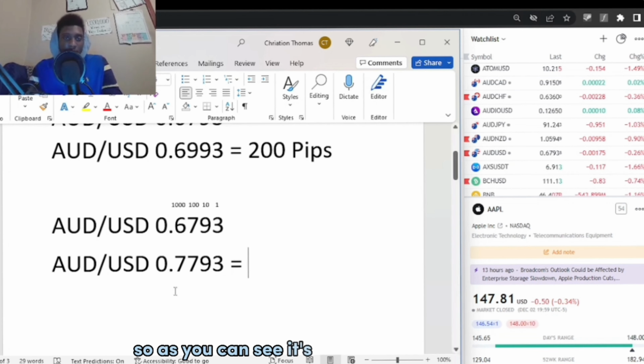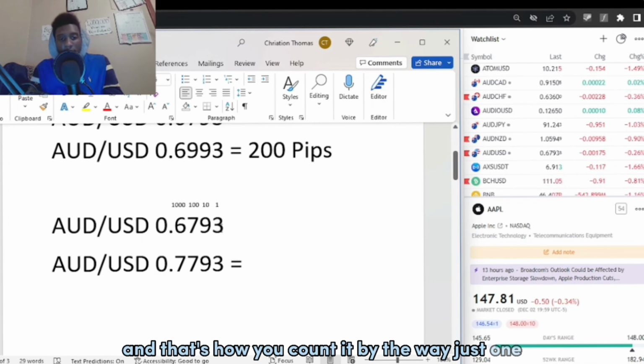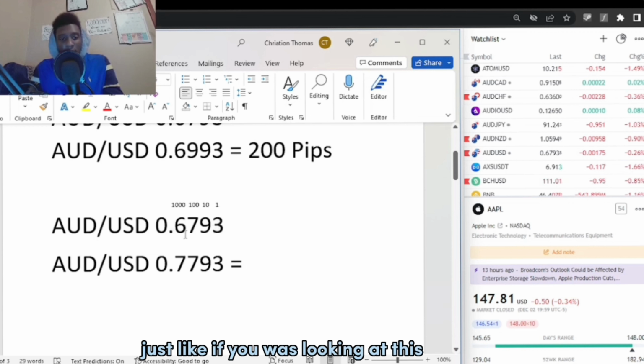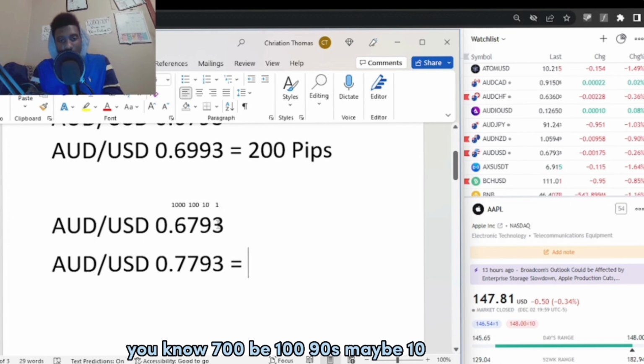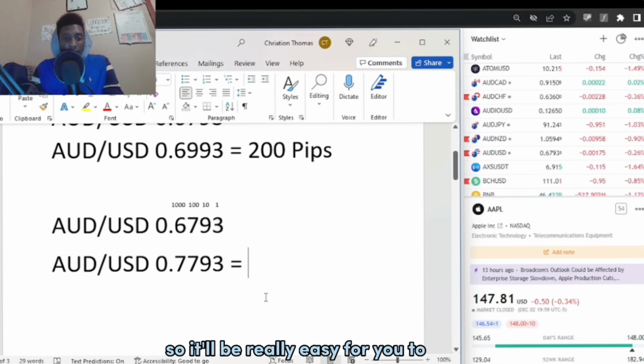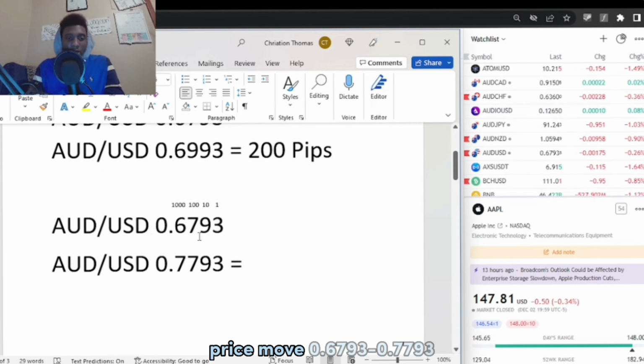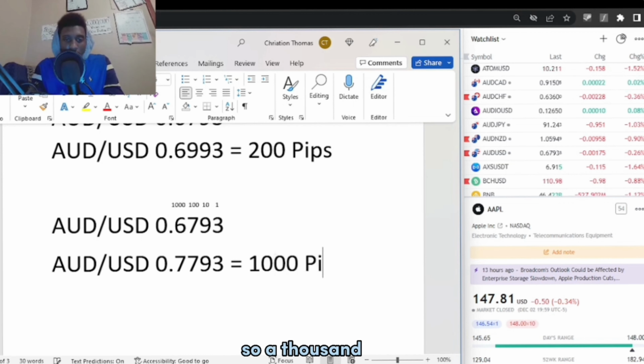As you can see, it's in the thousands place, because we already moved 4 over. That's how you count it, just like if you were looking at a number: 6,000 would be thousands, 700 would be hundreds, 90 would be tens, and 3 would be ones. So it's really easy to count. The price moved from 0.6793 to 0.7793. How many pips is that? Hopefully you said 1,000. So 1,000 pips.